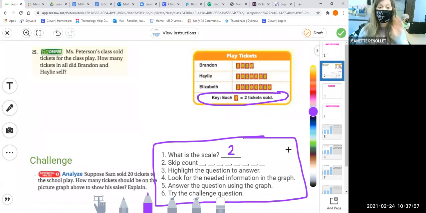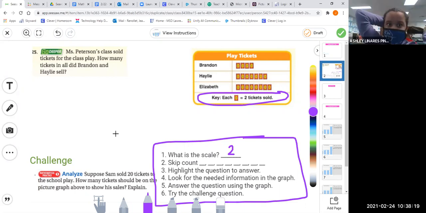If the scale is 2, that means we're going to be skip counting by 2s. Let's practice skip counting by 2s right now, starting at 0. Ready? 0, 2, 4, 6, 8, 10, 12. I should hear more people counting with me. Let's go all the way up to 20.